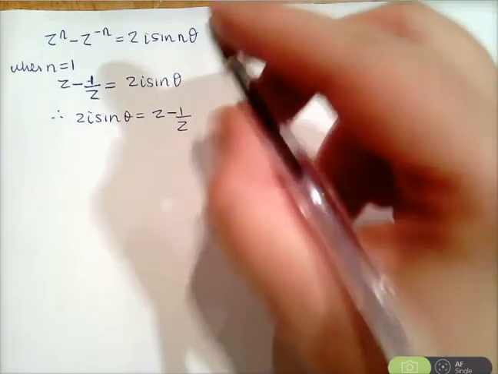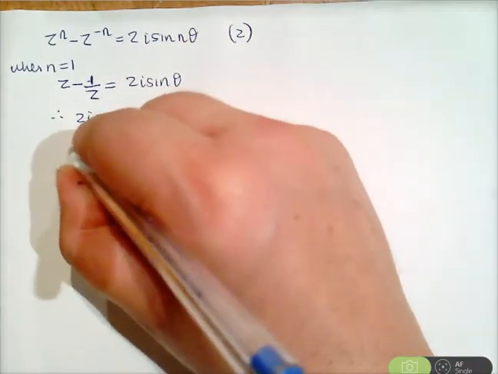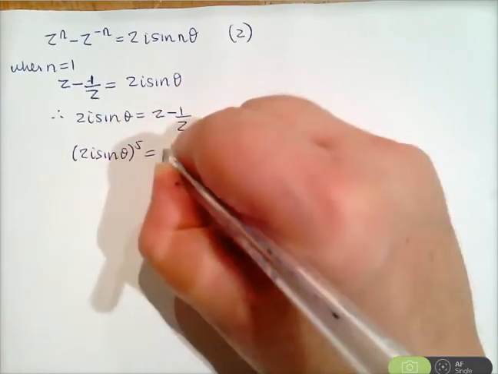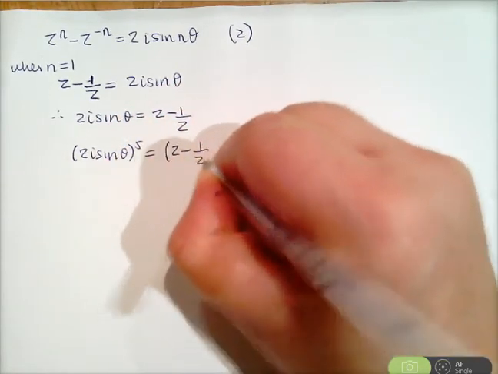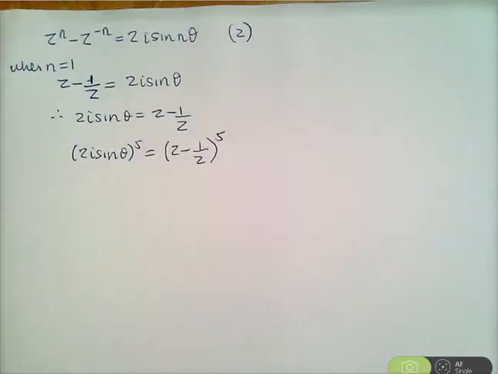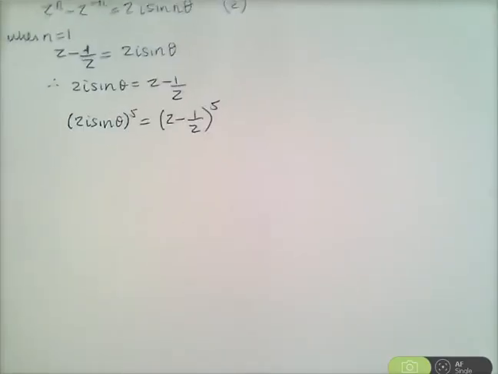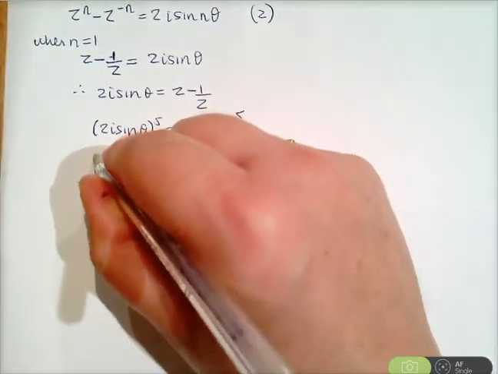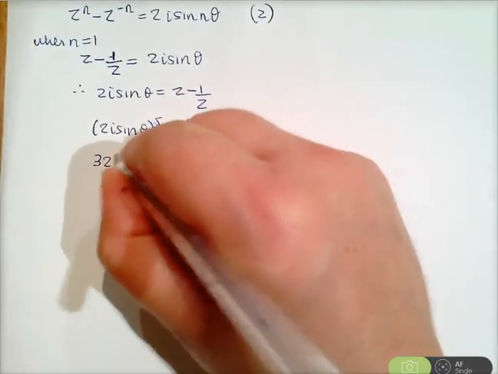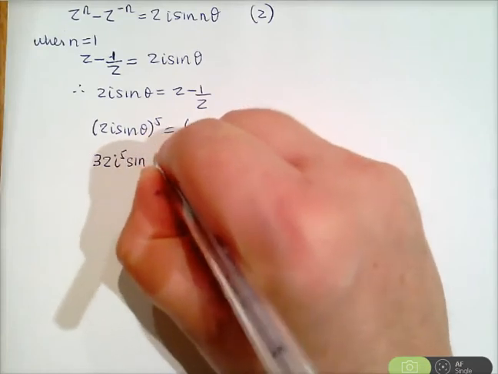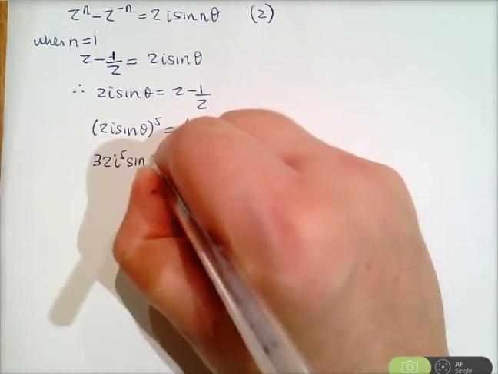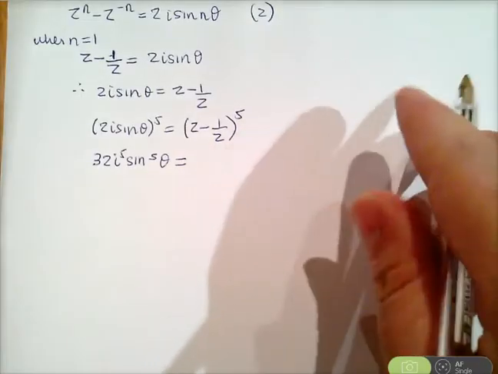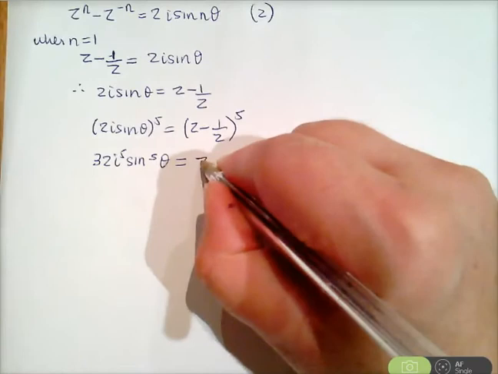If we take powers of 5 to both sides, we've got that 2i sine theta all to the power of 5 equals z minus 1 over z all to the power of 5. Now we need to expand this. So on our left hand side, we've got 32i to the power of 5 sine to the power of 5 theta equals z to the power of 5.